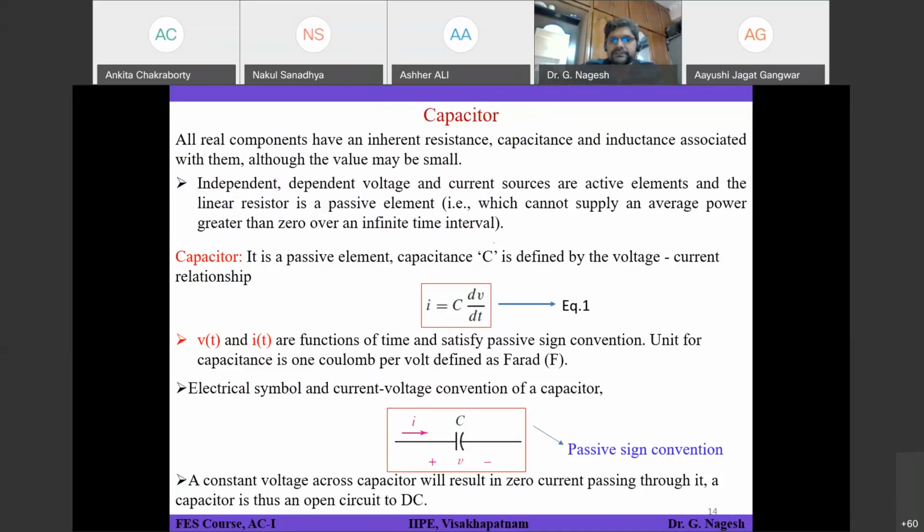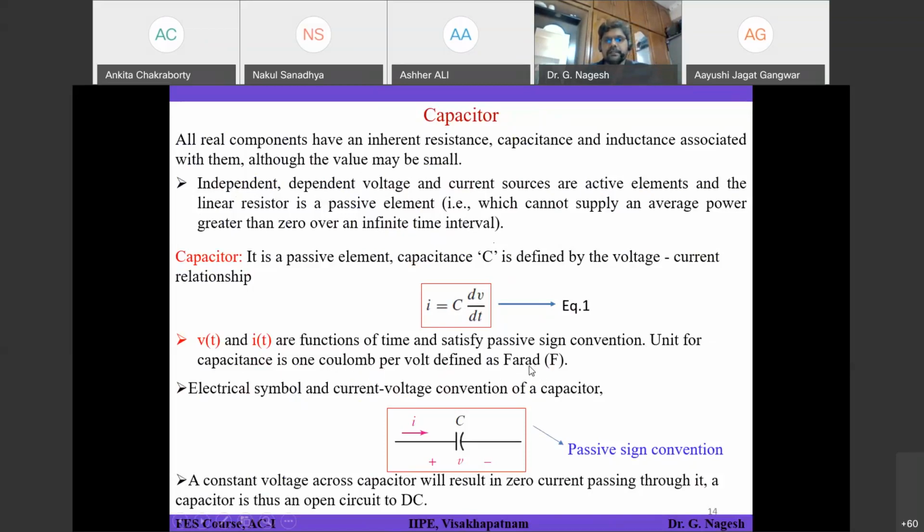Remember that these are functions of time. V is a function of time here and I is also a function of time. What is this current I and what is this voltage V, we will see. The unit for capacitance, you already know, is farads, or coulomb per volt. 1 coulomb per volt is the same as a farad.